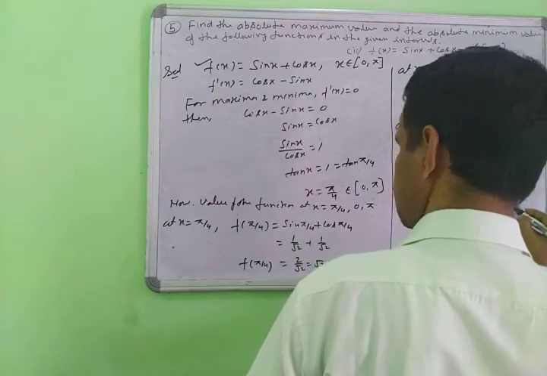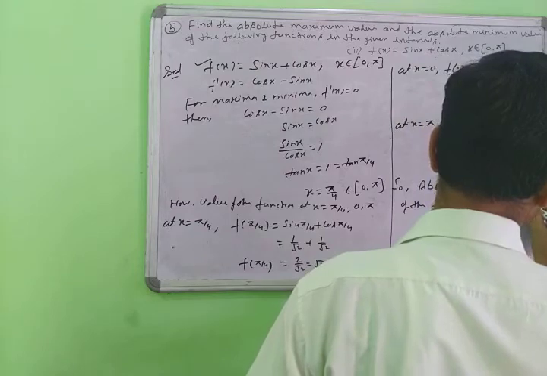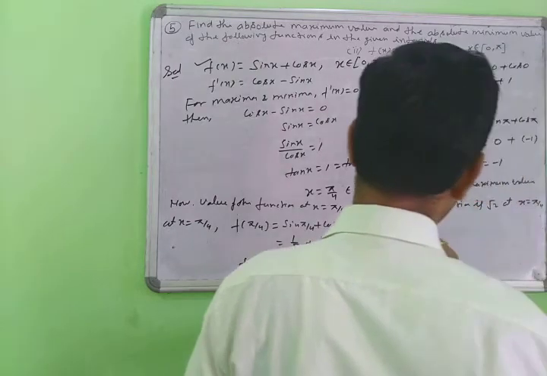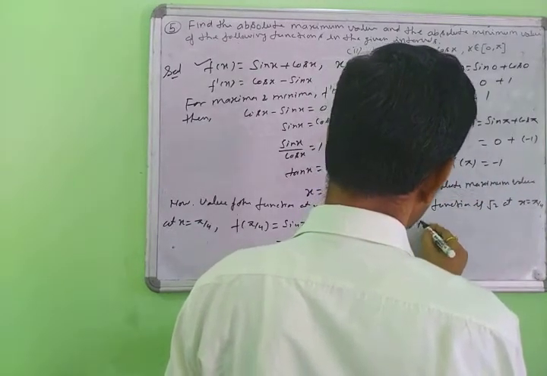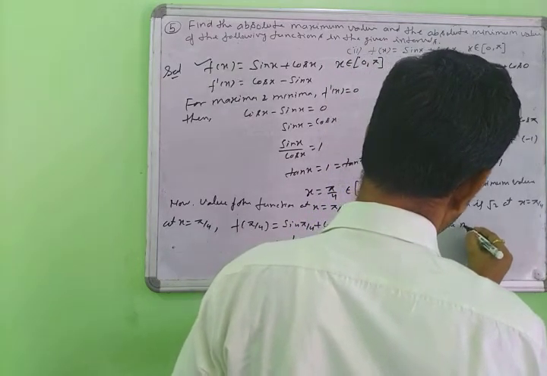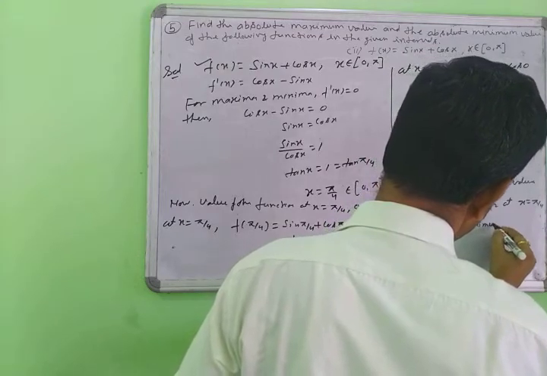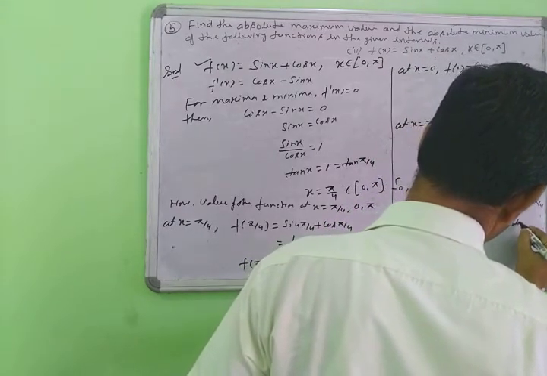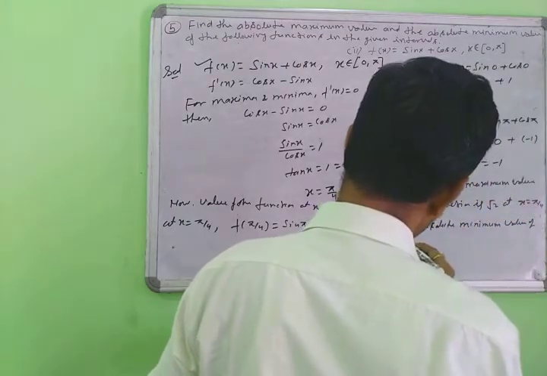This is at x equal to pi by 4. Next, the absolute minimum value of the function.